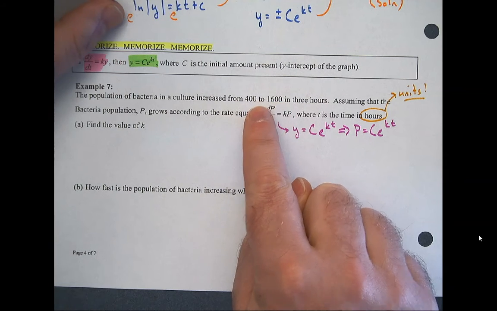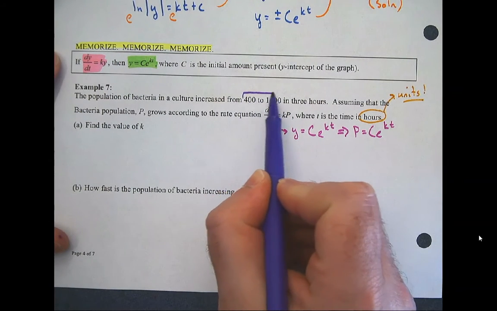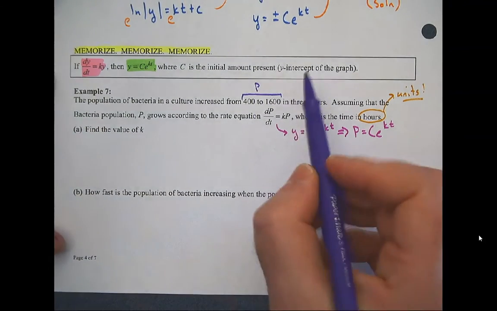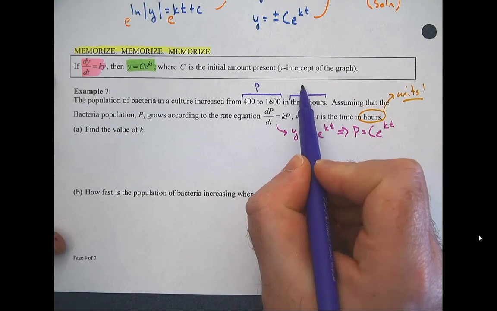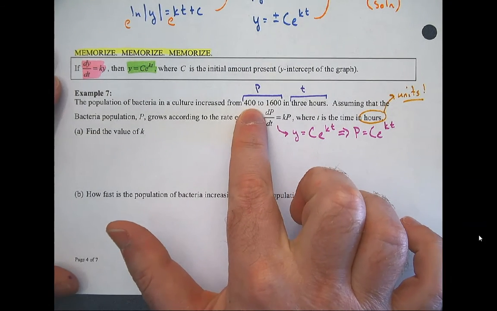They said that our culture grew from 400 to 1,600. That's a population change. And then they told us in 3 hours. This is a time change. So I can pick my initial condition to be 400.